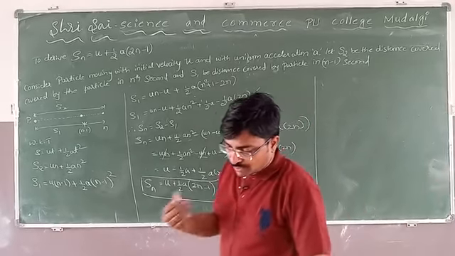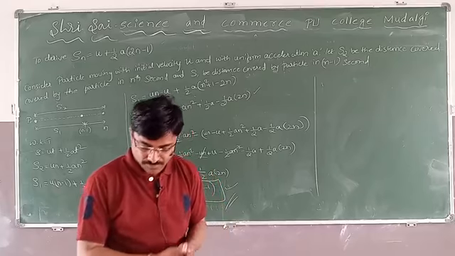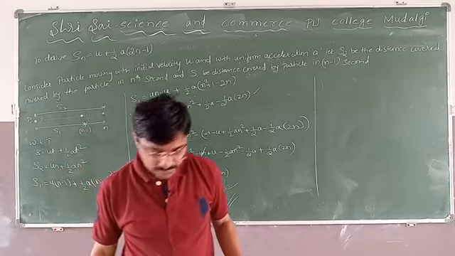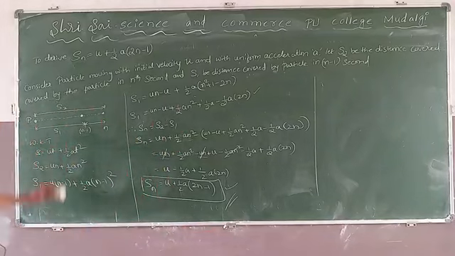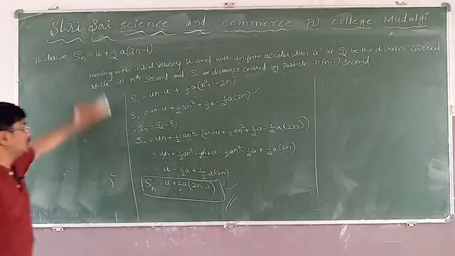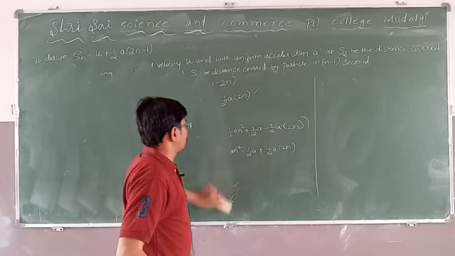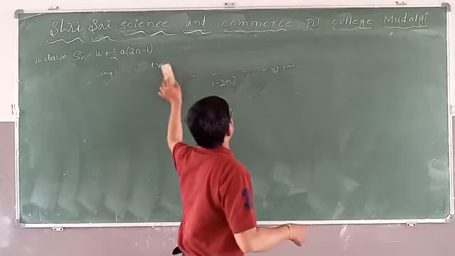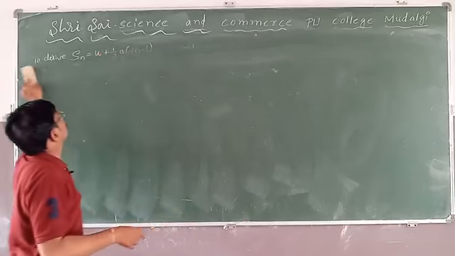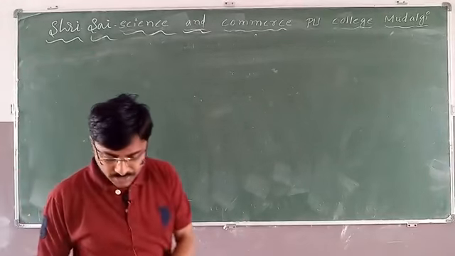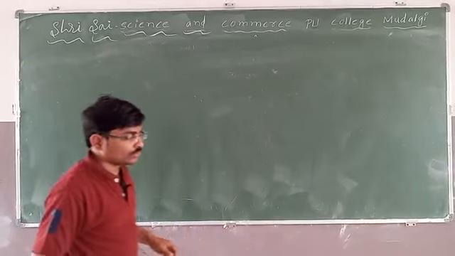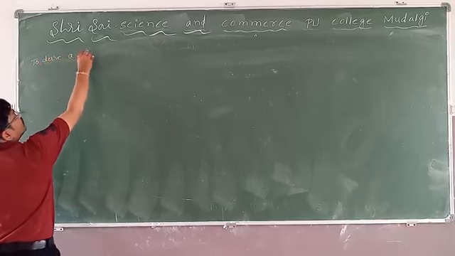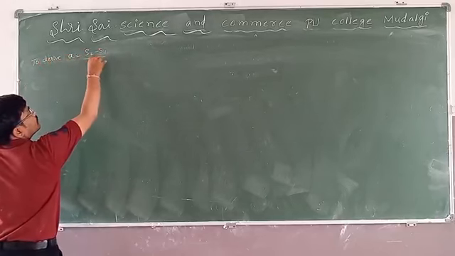Next, one more derivation, that is for acceleration. We have to derive a is equal to s2 minus s1 divided by t square.